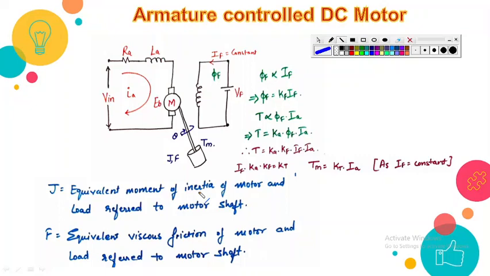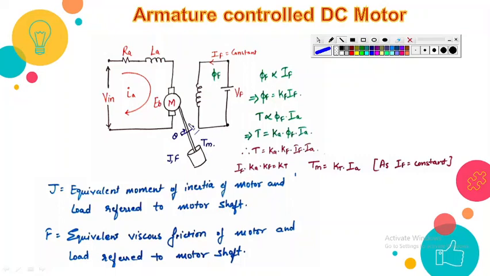For each of these elements, the relation between torque and the element has been established. Like in case of inertia, the torque needed to overcome it should be equal to J d square theta by dt square, which is the same as mass into acceleration in a linear or translational system.